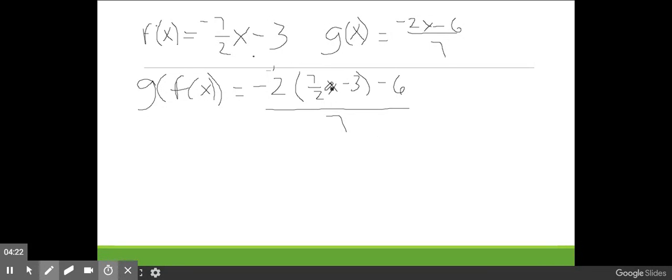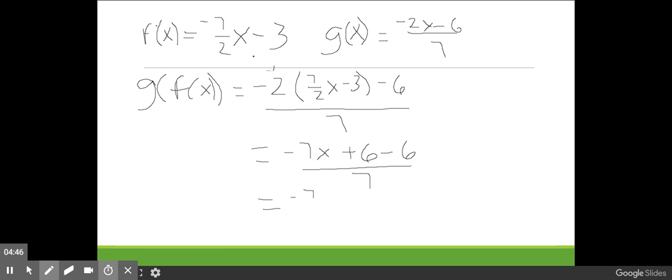When we distribute the negative 2 over here, we get negative 14 over 2x, which becomes negative 7 over x. And then negative 2 times negative 3 is positive 6. And we have also a minus 6 on top over x. So minus 6 plus 6 cancels out to 0.